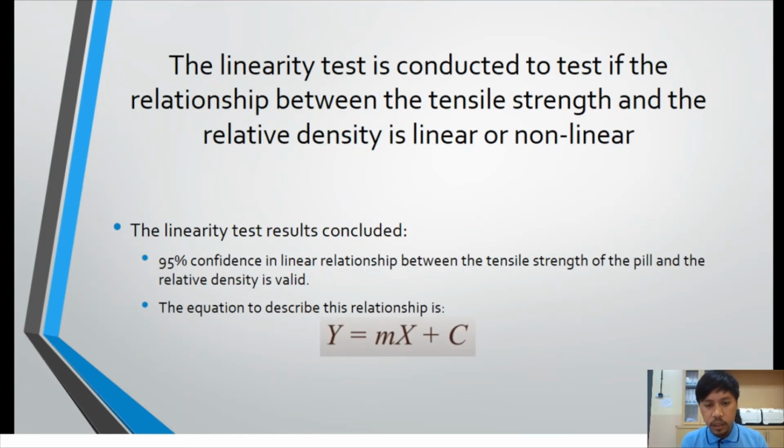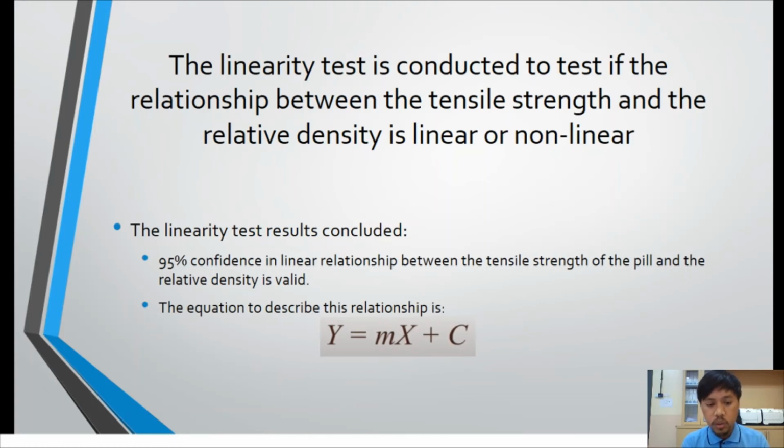The linearity test is conducted to test if the relationship between the tensile strength and the relative density is linear or non-linear. The linearity test result concludes, with 95% confidence, that a linear relationship between the tensile strength of the peel and the relative density is valid.